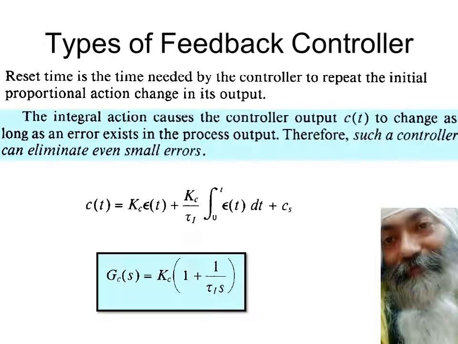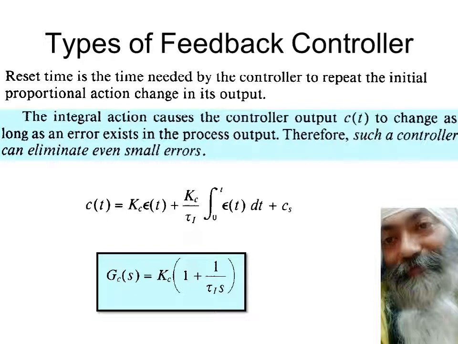Now, the issue is, just try to catch my words: what happens if the level has reached its set point, and now the level starts moving up? At that moment, the valve should start closing, because the level is more than required. It has to close from 100% to 98%, 95%.